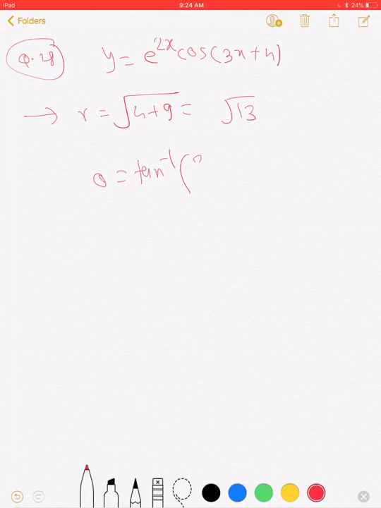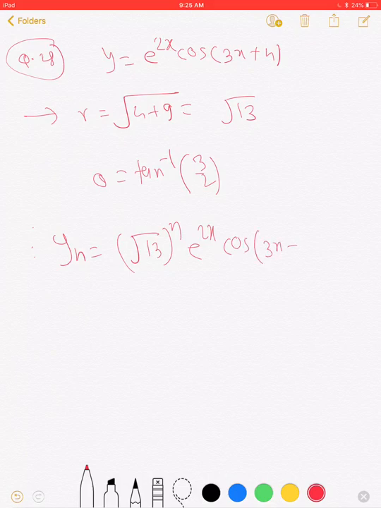Here b is 3, a is 2, so this is tan inverse of 3 by 2. So our yn becomes root 13 raised to the n e raised to the 2x cos of 3x plus 4 plus n tan inverse of 3 by 2. This was actually an easy question.